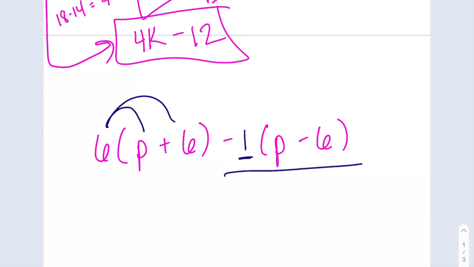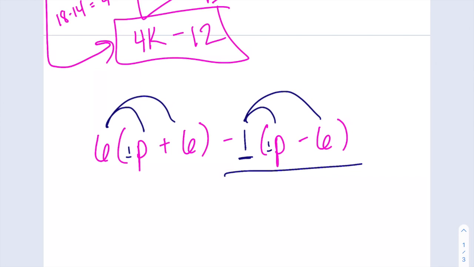In front of every set of parentheses, in front of every variable, if it doesn't have a coefficient or a number right next to it, there is a hidden 1. And so there's a hidden 1 right here also. So I'm going to be distributing a negative 1 to my second set of parentheses.